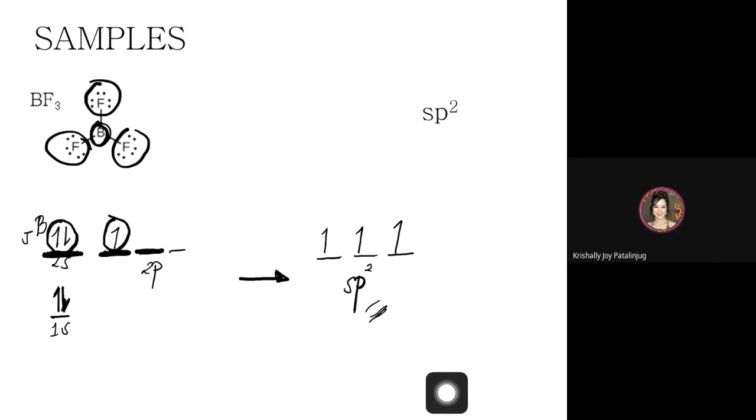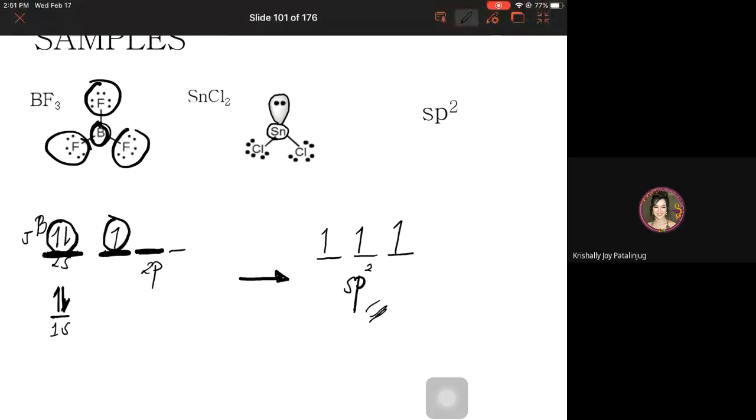So, that is the rationale how covalent bond is being formed in the molecule of boron trifluoride. Naka-sp2 hybridized kasi yung central atom na boron. Okay, the same happens to the molecule of stannous chloride. Kahit lone pair pa yan, as long as 3 yung electron groups that surround the central atom, sp2 hybridized pa rin yung central atom. So let's try to find out.